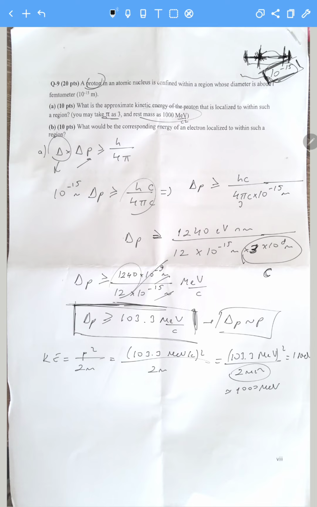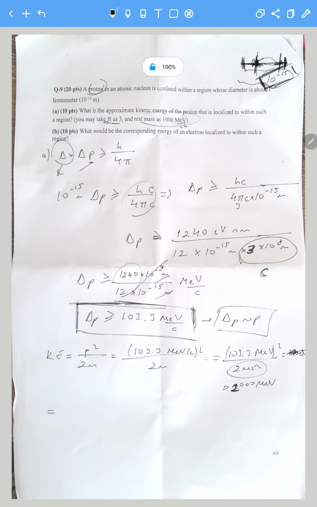I'm just double checking with your answer key, and I'm seeing something like 5, which I don't quite get. Oh, okay, so this is 200 mega electron volts, and then this is 1000. I think there's a little bit of a mistake in here, that I have to have something like 100 squared.